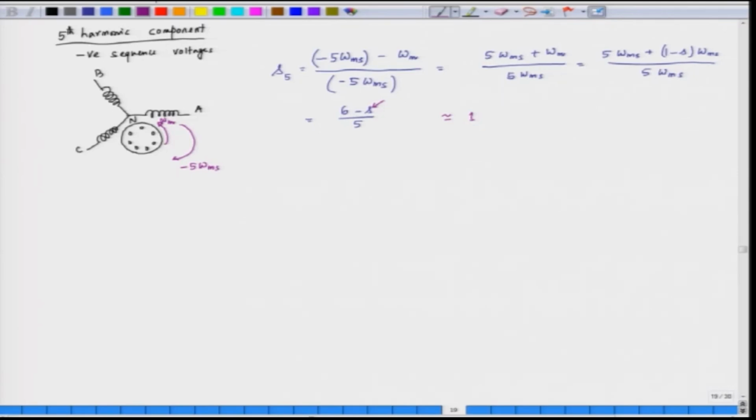Now, let us find out the same thing for the seventh harmonic component slip. The seventh harmonic component is a positive sequence component, so this will produce positive sequence voltages. We can apply these voltages to the stator of the induction motor.